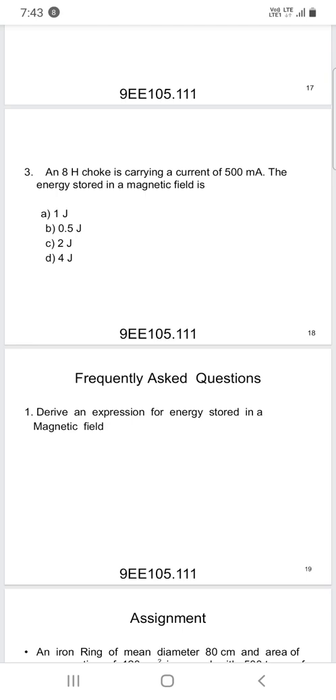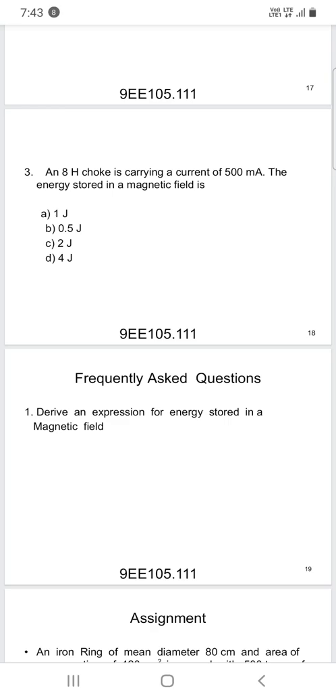That is half L I square. E is equal to half L I square. L is given as 8 Henry. Half into 8 is 4, into 500 milliampere, that is 500 into 10 power minus 3, squared. Then we will get the correct answer.